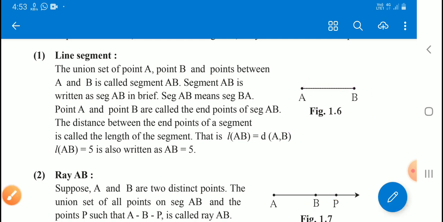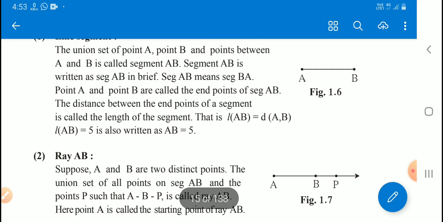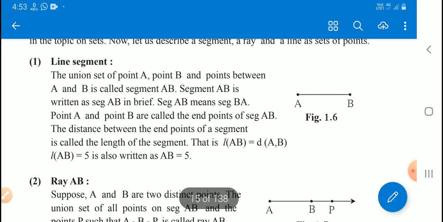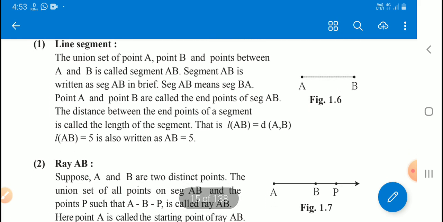Now they said that the distance between the end points of a segment, whatever segment they give, here they have given the segment AB, so we will measure the distance between the endpoints A and B. Whatever the distance between these two points, this is known as the length of the segment.